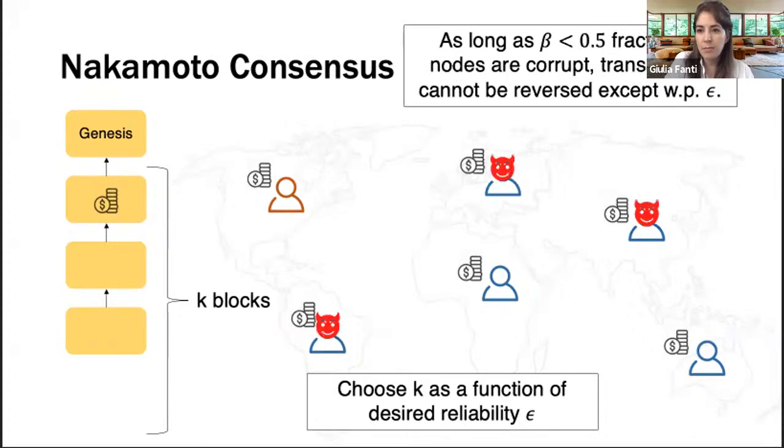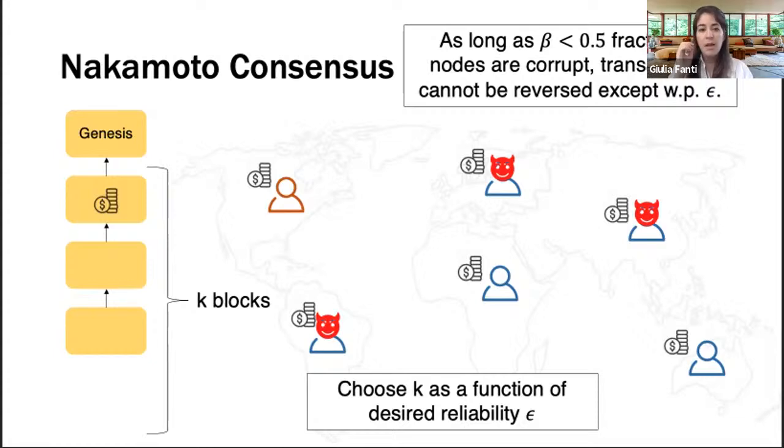So what is reliability? Reliability means that as long as less than half of the nodes are corrupt, or rather less than half of the hash power in the system belongs to corrupt nodes, then a transaction cannot be reversed except with probability at most epsilon. So epsilon you should think of as a probability of a transaction getting reversed after this k confirmation rule says it should be good.